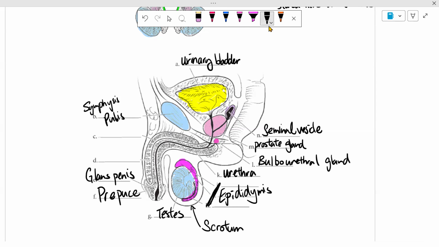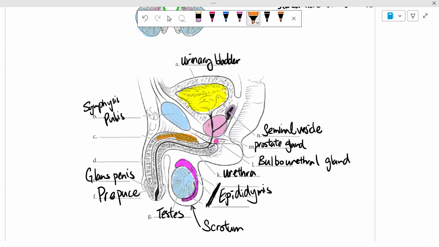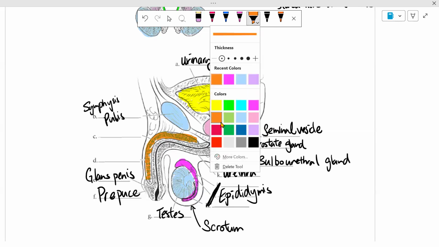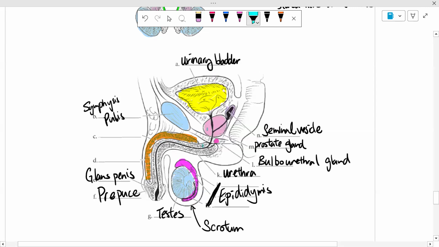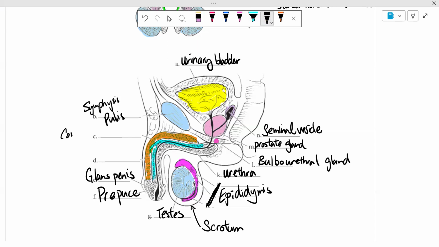C is pointing at this part. And then D is pointing at this part. Okay. So C is called the corpus cavernosum.